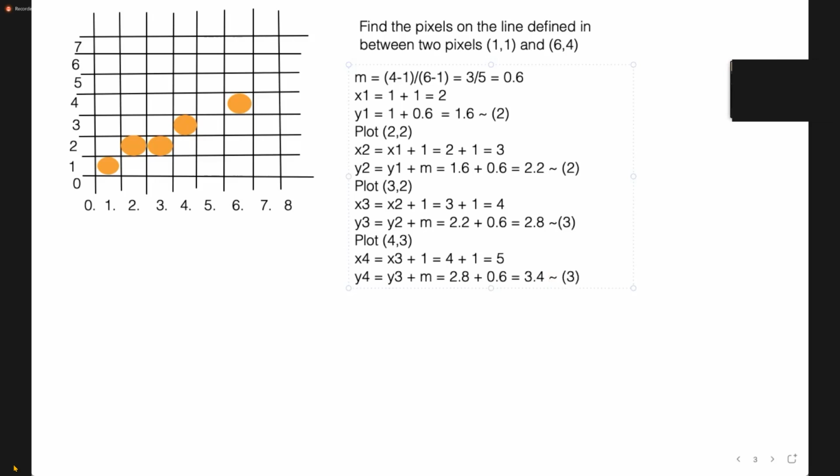You cannot take it otherwise, because when you add 3.4 with 0.5, it is 3.9. The floor value is 3. That's how I'm getting it. We have done it earlier. Then we plot 5, 3. 5, 3 is here.